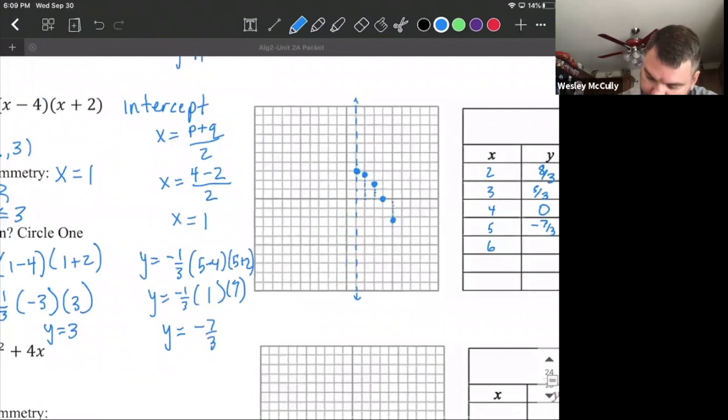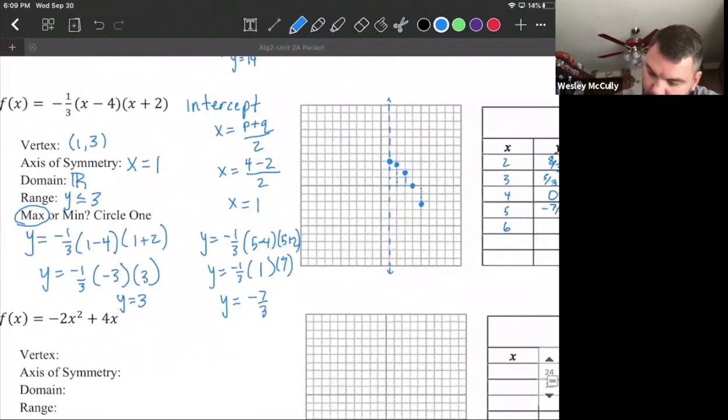Okay. Now I'm going to plug in 6. Going to have a really accurate parabola here. It's going to be very nice looking. Okay. Plug in 6. 6 minus 4, that's +2. And then 6 plus 2 is 8.